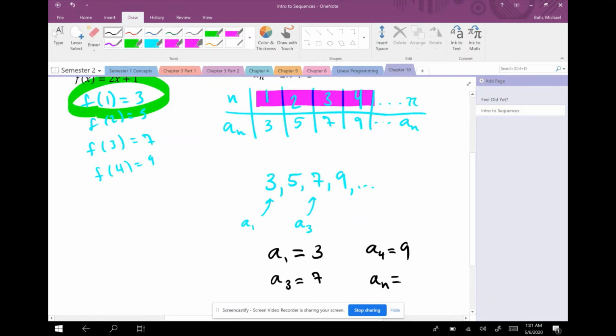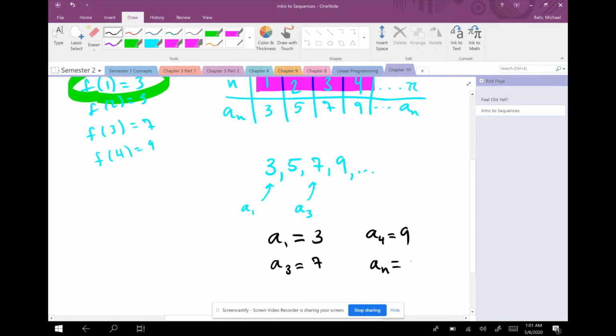So that's where you would just plug in the formula, which is 2n plus 1. This is basically telling people that if you want to know what any number in the pattern is, all you got to do is plug in the number that you're trying to find, and that'll tell you what term is in that particular part of the pattern that you're looking for.